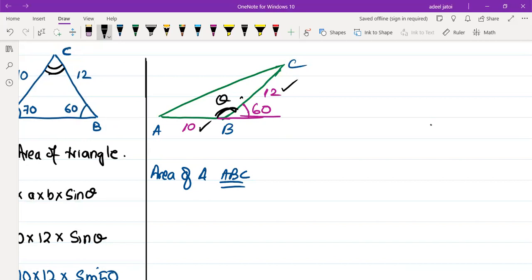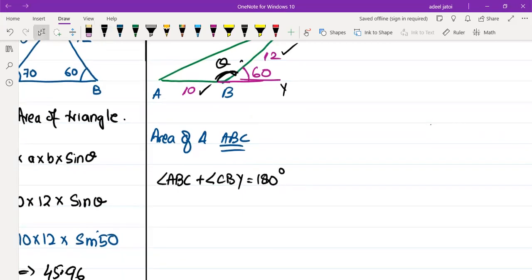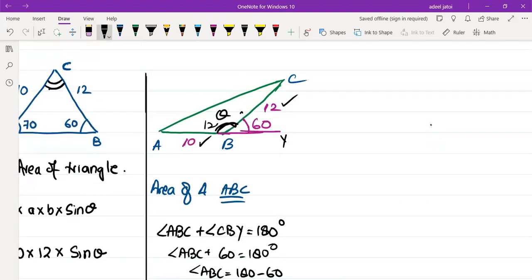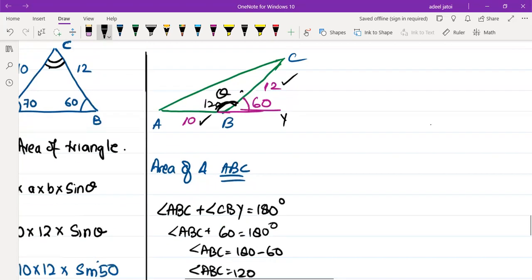To find this angle, angle ABC plus angle CBY should equal 180, because it is a straight line. And we know that one angle is 60, so we can subtract it from 180 to find the other angle, which is 120. Now the angle at B is 120.